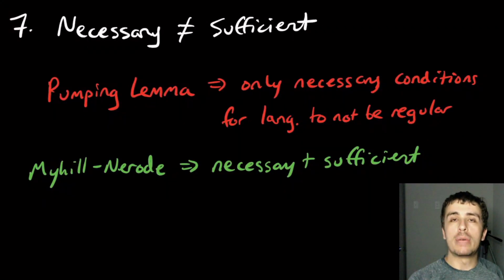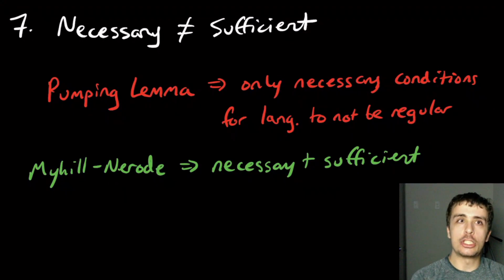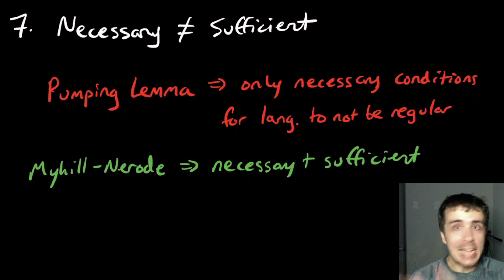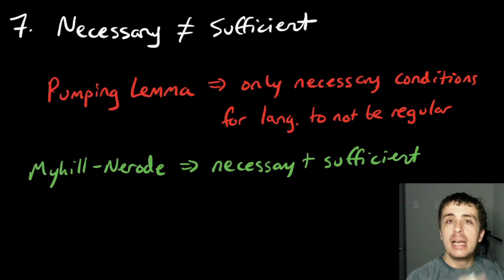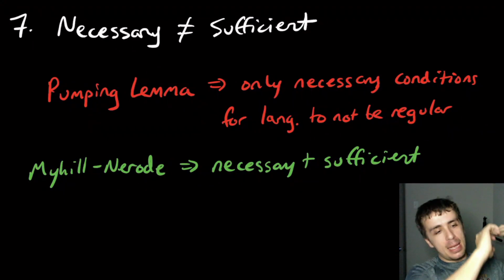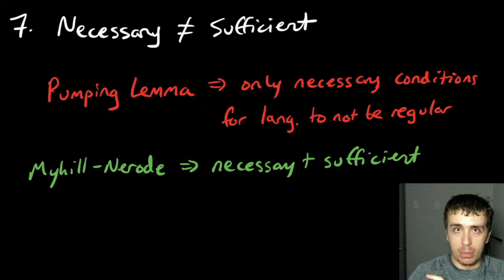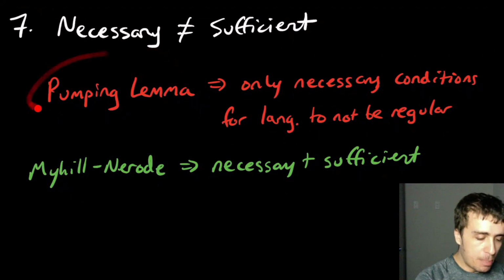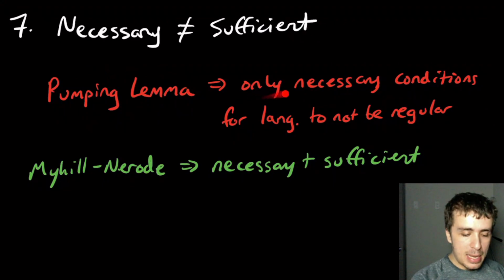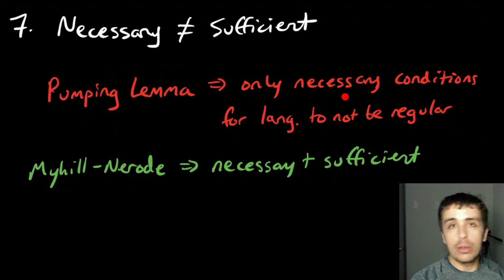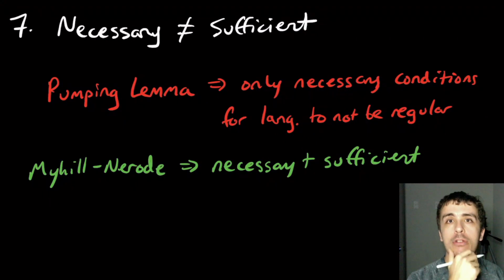The seventh reason is that necessary is not equal to sufficient. So what does this mean? Necessary conditions just mean this condition has to be true no matter what happens. And sufficient means that if these conditions hold, then we can prove certain properties. So the pumping lemma, for example, only gives us necessary conditions for a language to be regular.